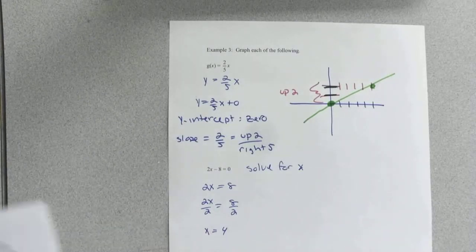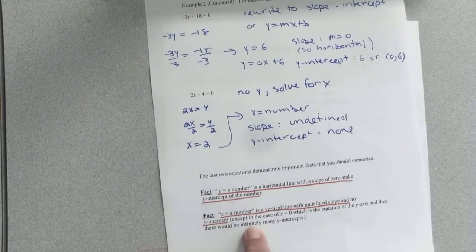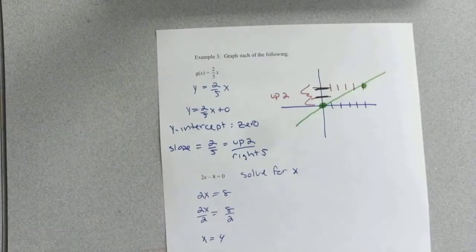She told us to memorize a fact, and I can't find the piece of paper with the facts on it. There it is. She told us that, and she underlined it. Fact. x equal a number is a vertical line with undefined slope. So the minute I see that, I go ding, ding, ding, ding, ding.